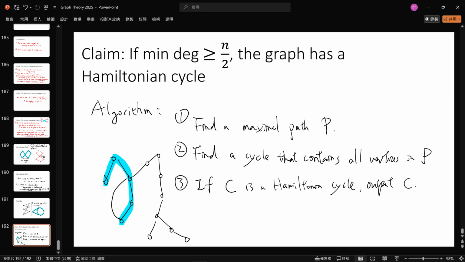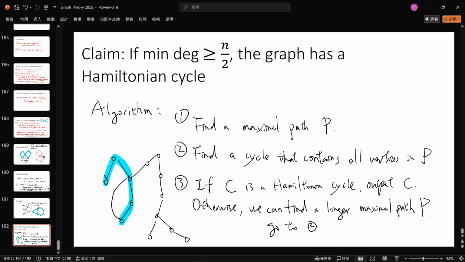Otherwise, if C is not a Hamiltonian cycle, that is, this cycle does not contain every vertex in the graph, some vertex is not on this cycle C. When this happens, I claim that we can find a longer maximal path P. After we find this longer maximal path, we just repeat the process, so we go to step 2.